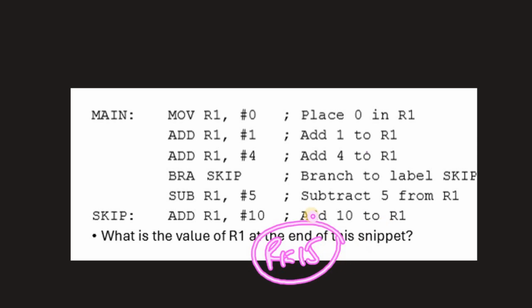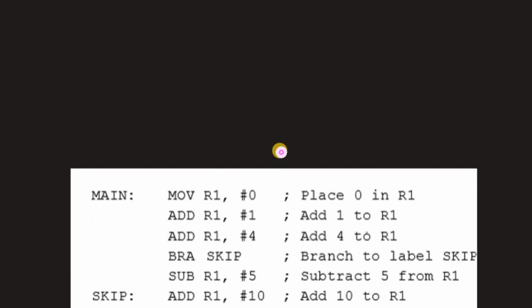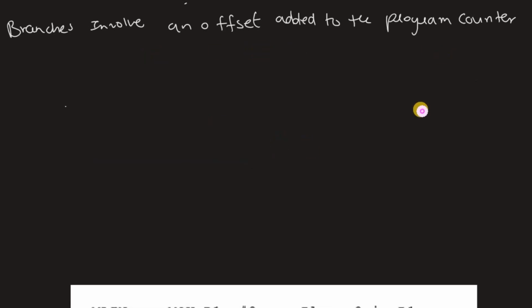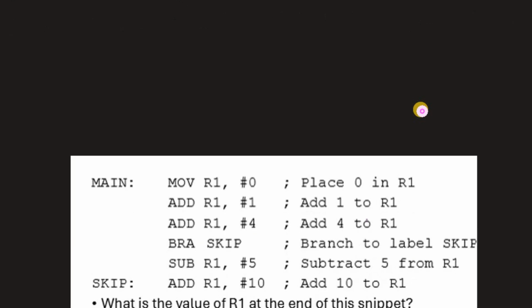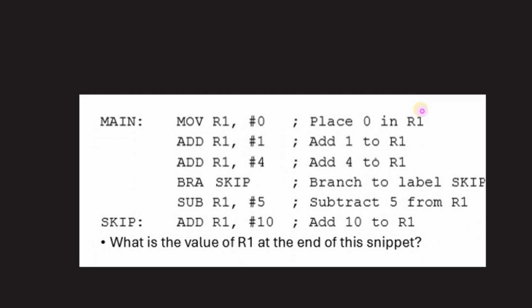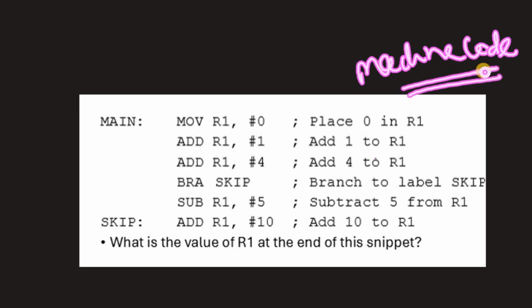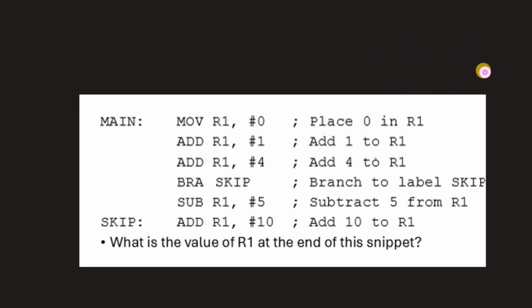Like I said before, branches involve an offset added to the program counter. When assembling, which is the process of converting assembly code into machine code, the assembler will determine the offset of the labels.